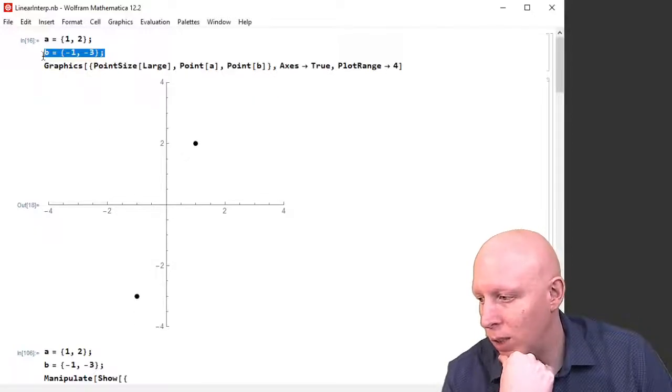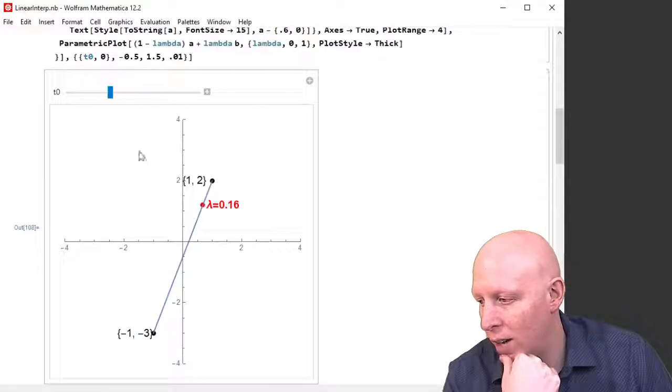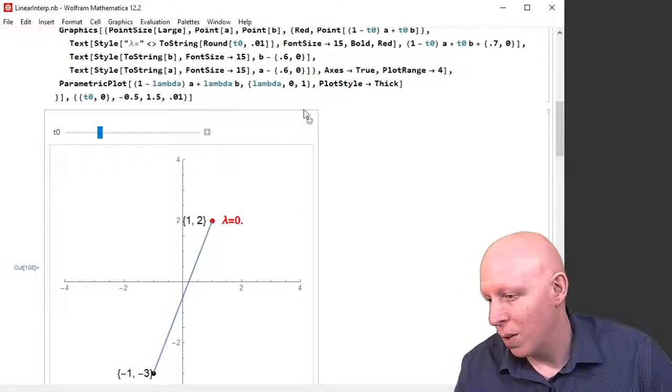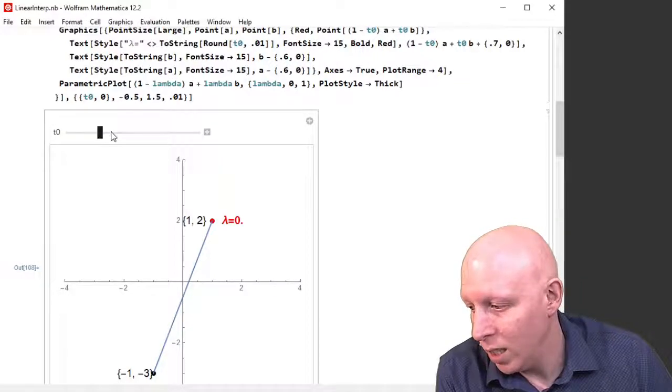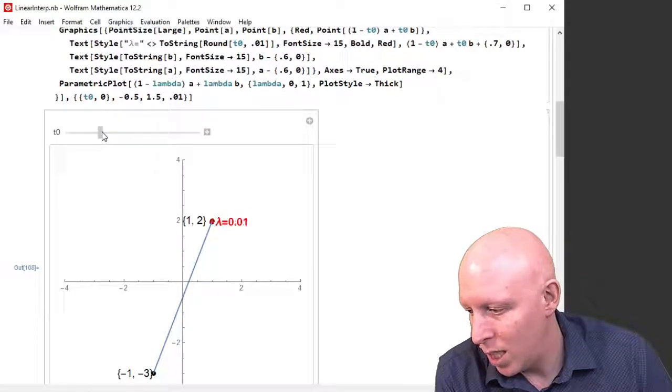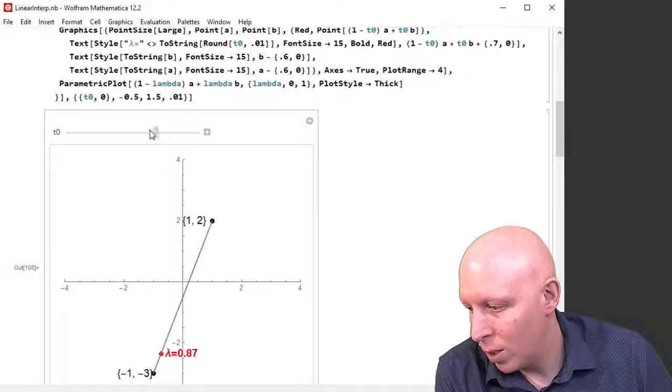I'm using lambda here as the parameter instead of t. As this lambda starts off at 0 and goes up to 1, we start here at our first point, and we end up at the terminal point.